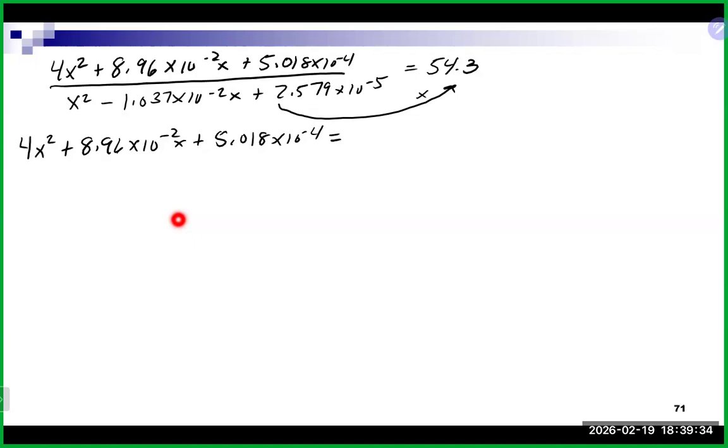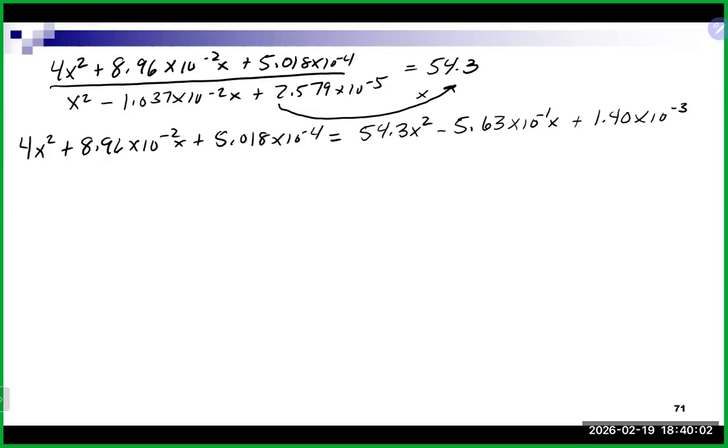When I multiply that bottom to the other side, we will end up with 54.3x squared minus 5.63 times 10 to the minus 1x plus 1.40 times 10 to the minus 3. And again, just multiplying everybody on the bottom by 54.3.